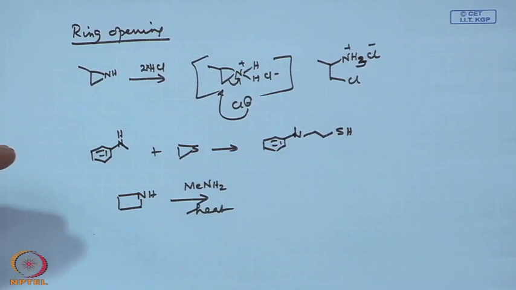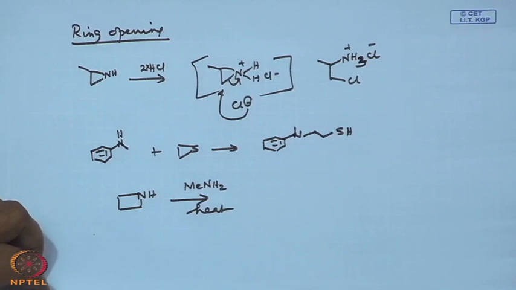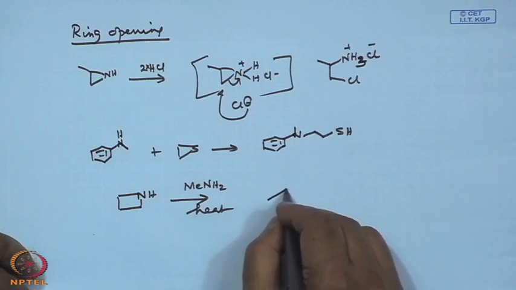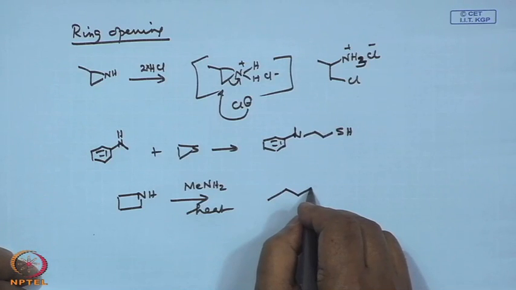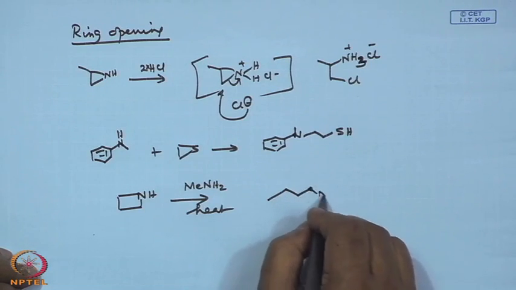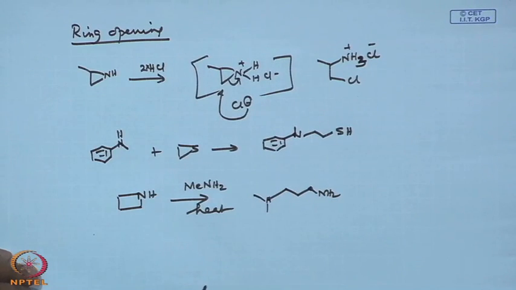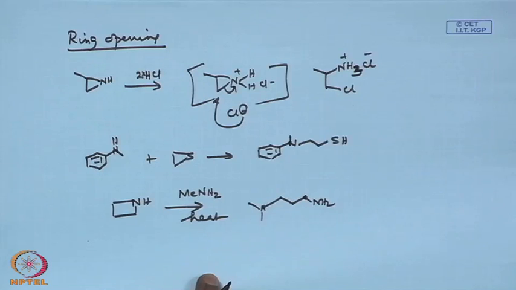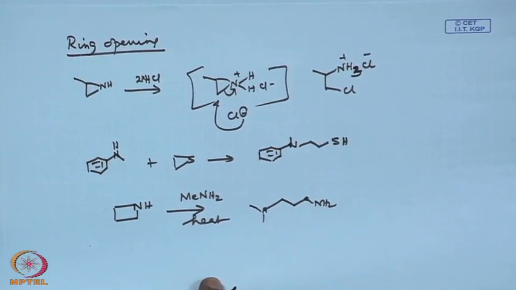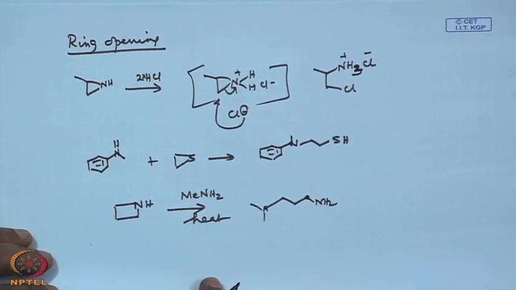They should not react, they should be compatible with each other, but the ring opens up and it gives you the corresponding NH2 here and NMe. So, then you get the diamine. So, it is a pretty common phenomenon, and likewise you can also think about oxetane.